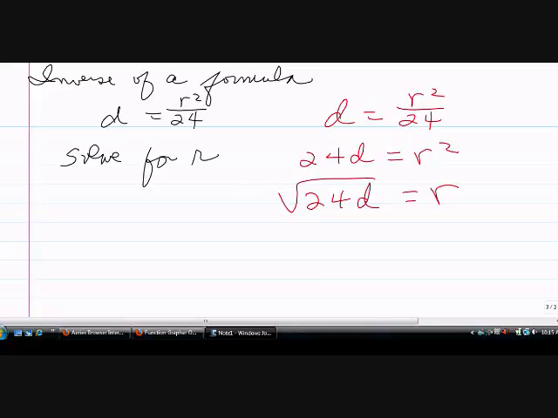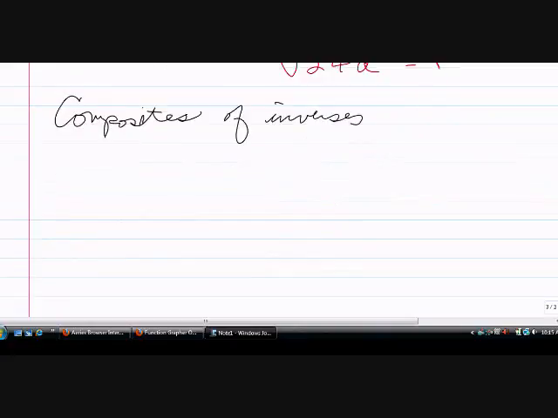And then there are composites of inverses. And this is kind of a fun fact. Okay, let's see if you can see what's going on here. I'm going to take a function f of x equals 2x plus 3.